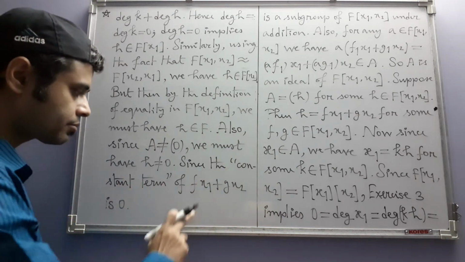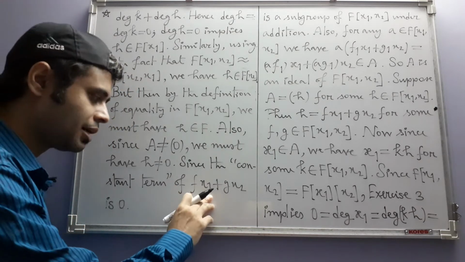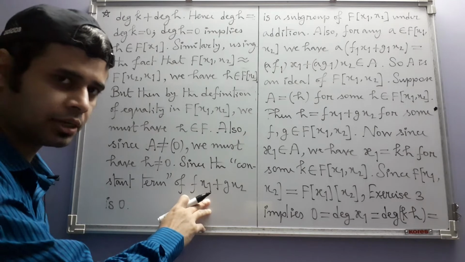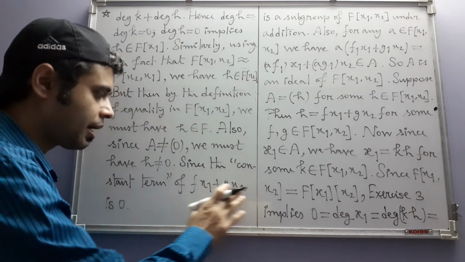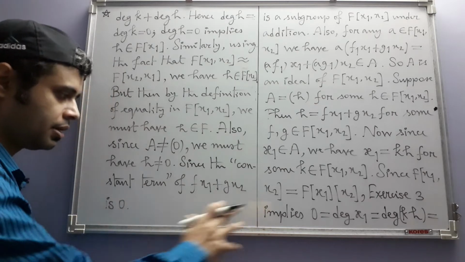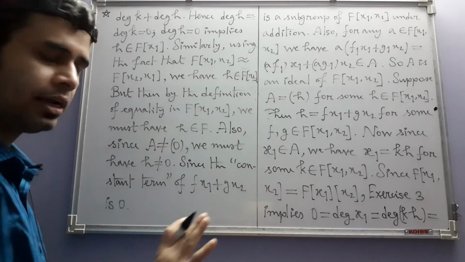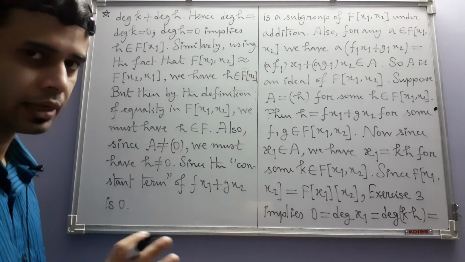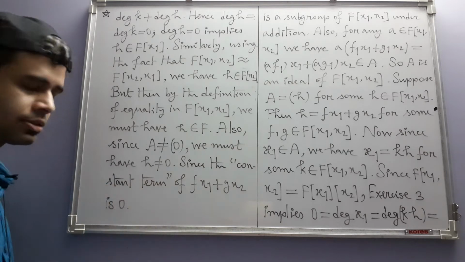You see, whatever f and g may be, f is being multiplied by x1, g is being multiplied by x2. So ultimately, after multiplying and after forming the sum, we will not have any field element other than 0. So that field element we are calling the constant term.